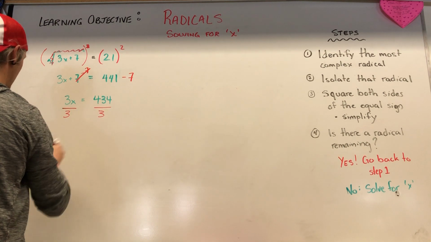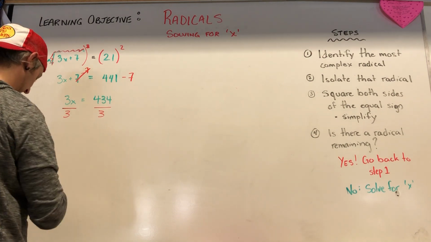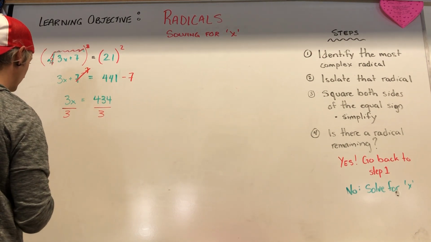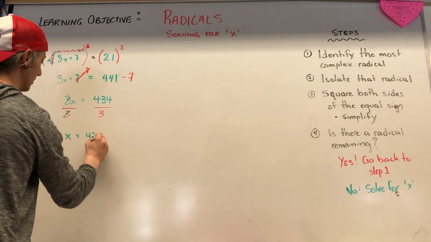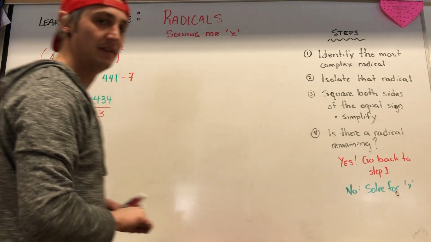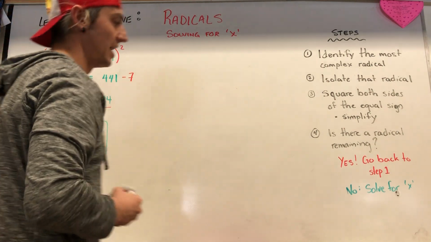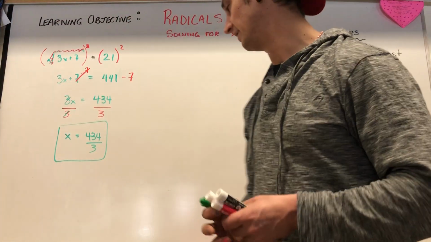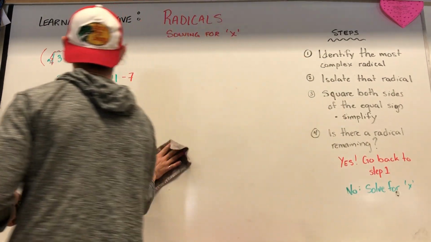And that leaves me with x is equal to, and I think this is not going to simplify, so this cancels with this. x is equal to 434 over 3. So we'll just leave it in that form because we cannot simplify it any further. Okay, that's kind of our baseline, fairly easy example. You can see that plays out quite easily.